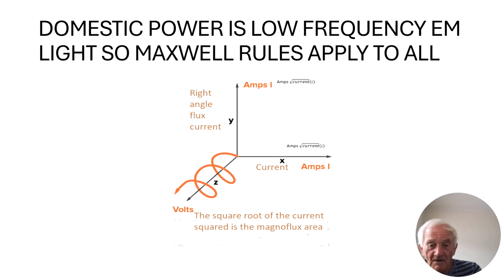We have amps in this direction on the X and flux, which is always exactly at right angles, in the Y direction. So they will produce a square inertia, which is moved forward by the voltage.